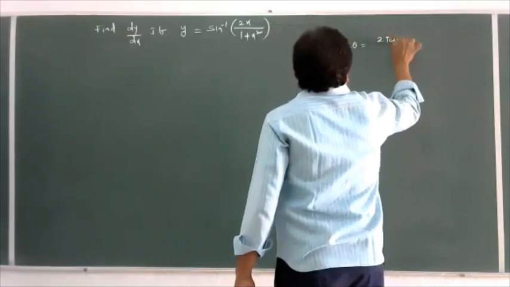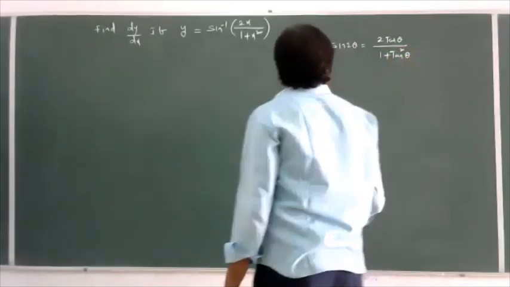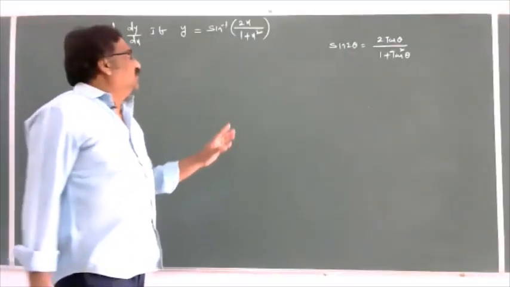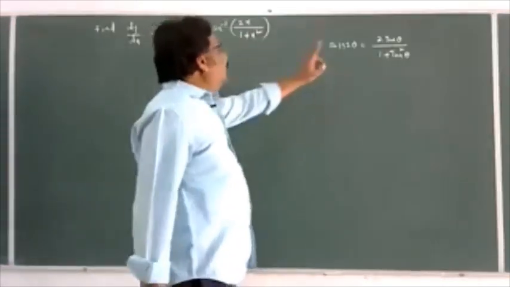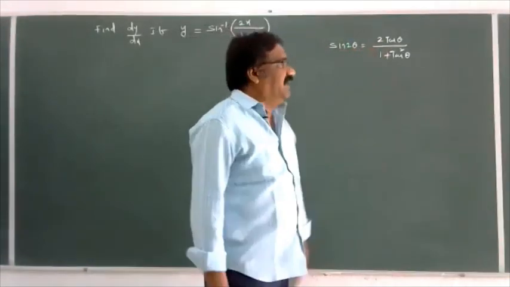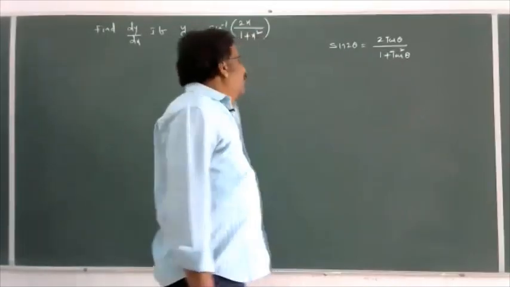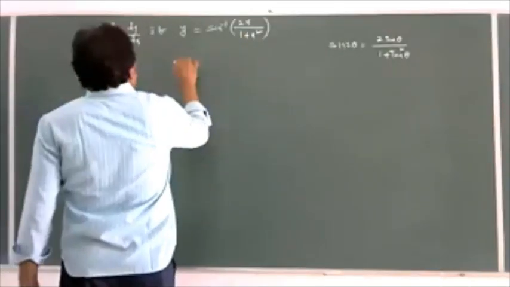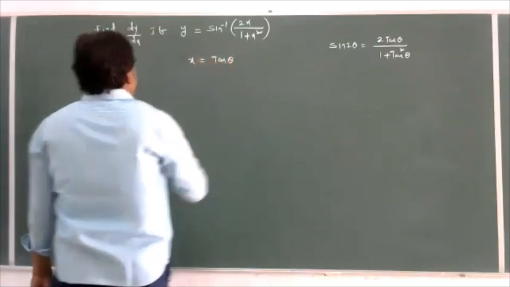Sine 2 theta is equal to 2 tan theta by 1 plus tan square theta. This is the half angles formula. So here you substitute x is equal to tan theta.